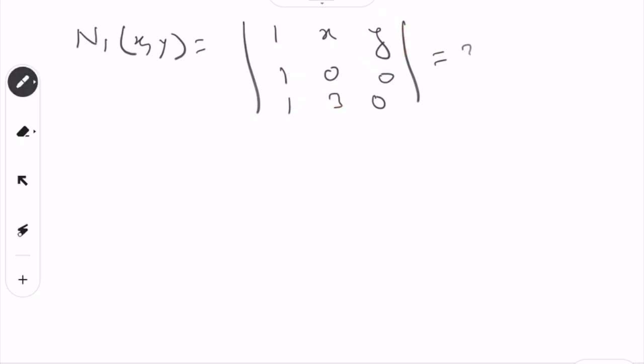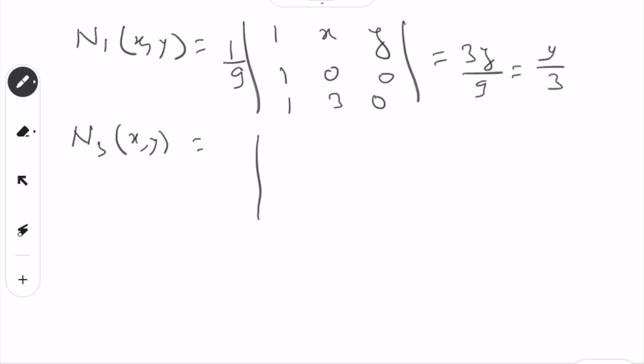Divided by 2A as well, so divided by 9, not to forget, so y over 3.